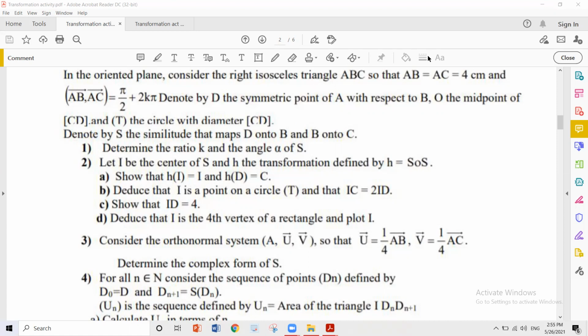Okay, let's start. In an oriented plane, consider a right isosceles triangle ABC with AB equal AC equal 4.